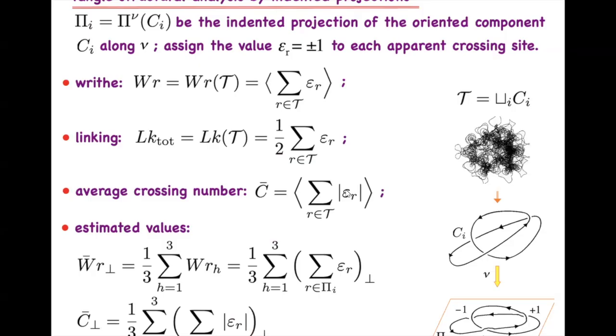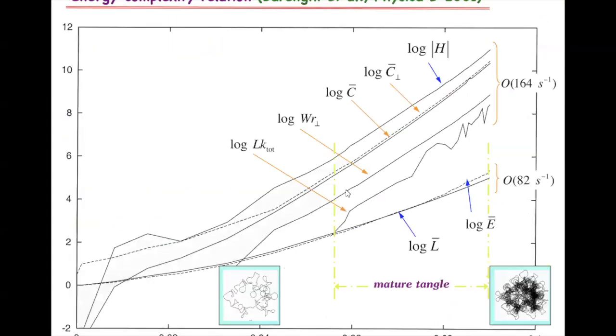Just 3, and you will see how the two curves basically overlap. And similarly for the crossings. So you see the two curves here, for example, you have a log of C bar, and then the projected contribution from 3 orthogonal planes. For the writhe, we could not show the differences. The two curves were basically the same.